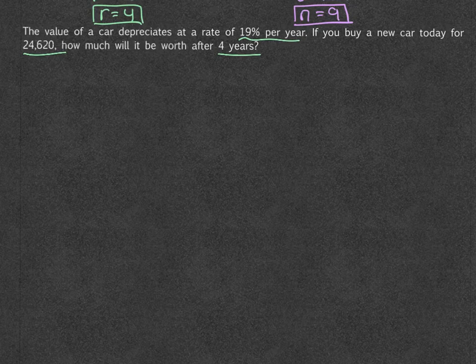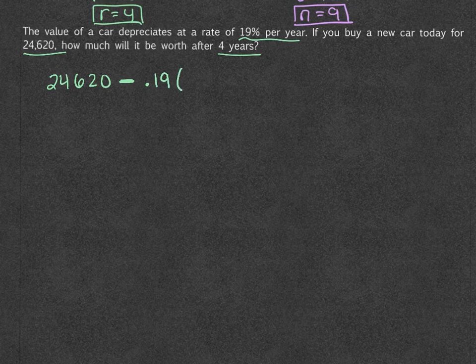So let's think about what's happening. In just 1 year, you start off with a value of a car at $24,620, and then it's depreciating, so it's going down 19%.